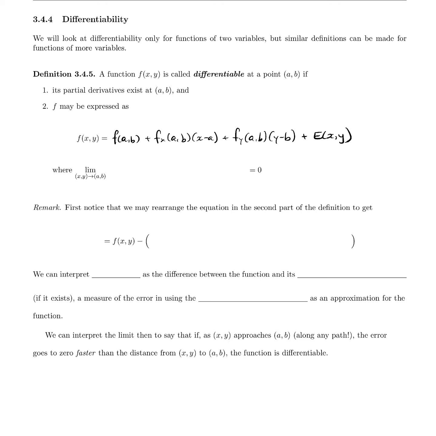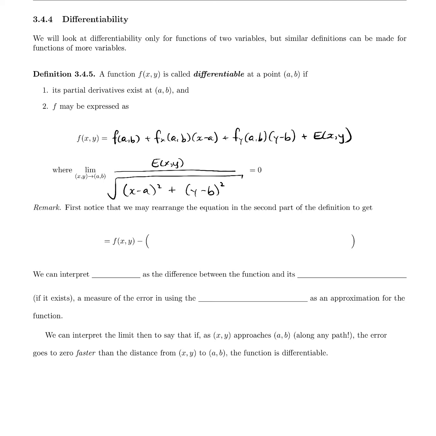There has to be also the condition that the limit of this e of x, y over the square root of (x minus a) squared plus (y minus b) squared, as (x, y) goes to (a, b), must be 0. Now that's a lot to unpack and understand why this definition makes sense.